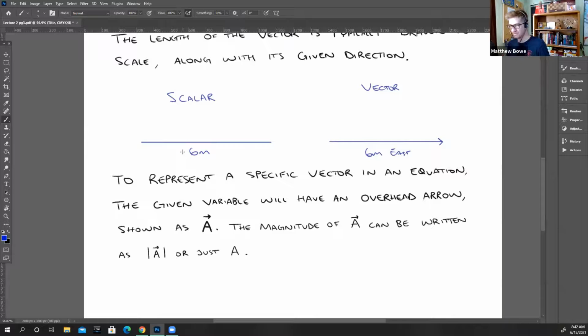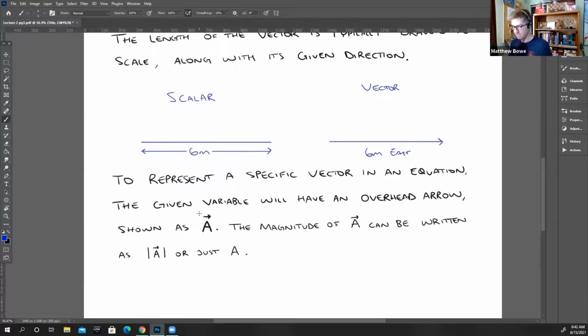It's given a label. It's vector A. That's vector B. The problems usually start with vector A because it's the beginning of the alphabet. But they could be labeled anything, but you'll know they're a vector because they have this arrow on top of the value, on top of the variable.